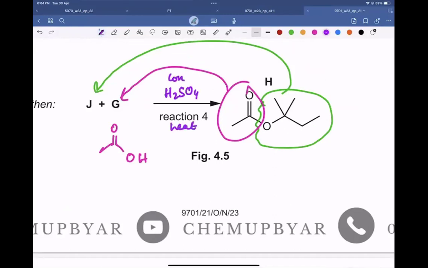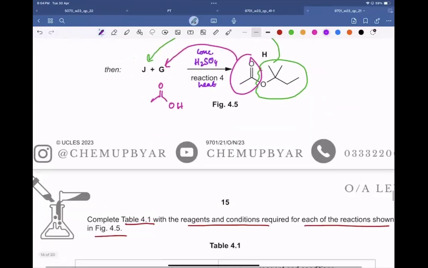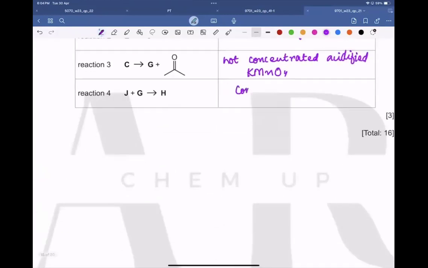We use concentrated sulfuric acid and heat. So concentrated sulfuric acid and heating or warming. Is this clear to all of you?